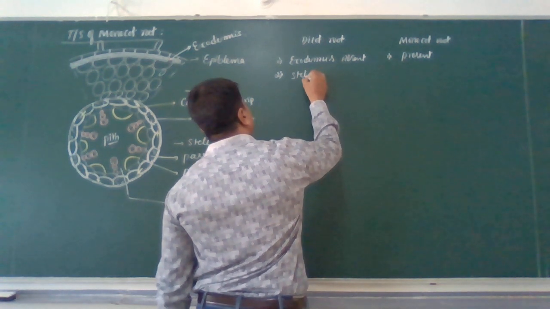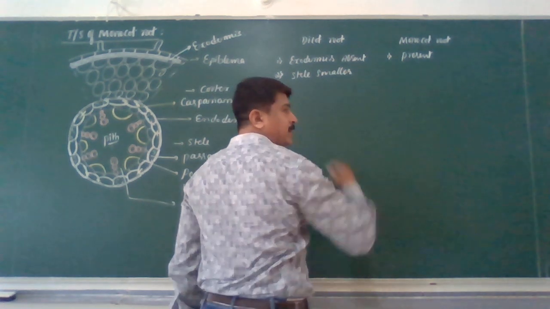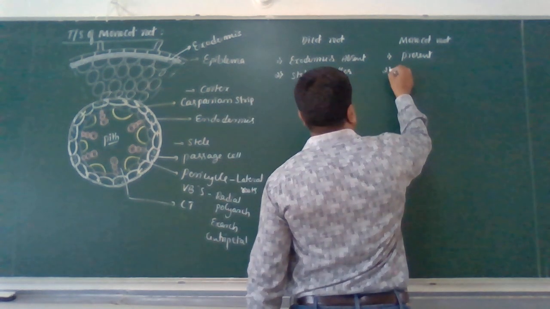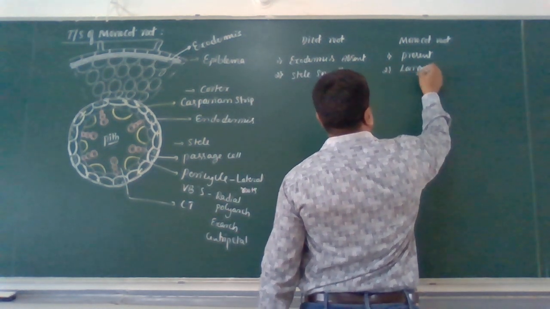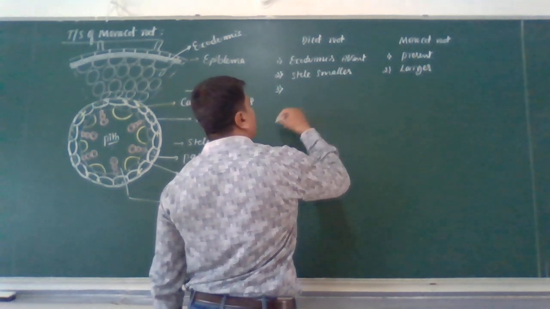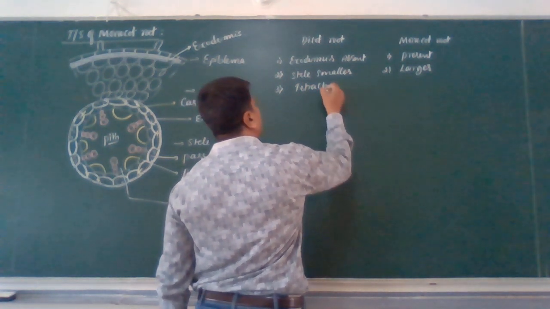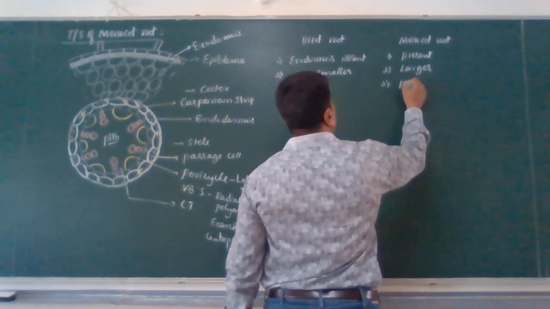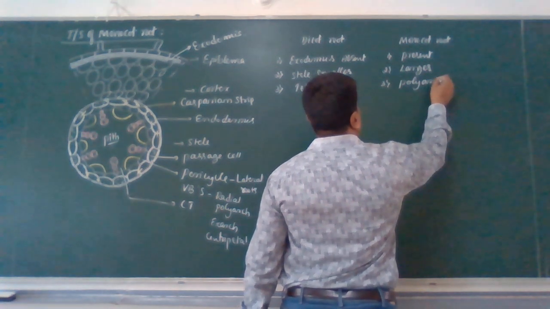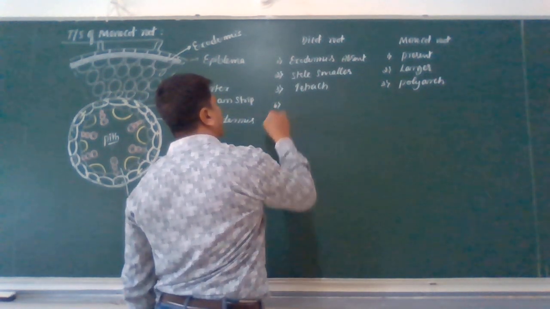Then stele: dicot stele is smaller, monocot stele is larger. Here you can find the tetrarch, here we can find the polyarch.